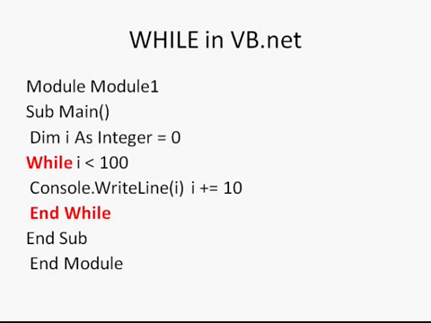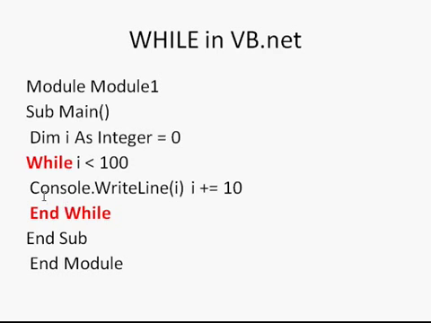Now another loop, in VB.NET. In VB.NET it is the while loop: while I less than 100, Console.WriteLine I, I plus equal to 10, which is I equal to I plus 10, and end while.